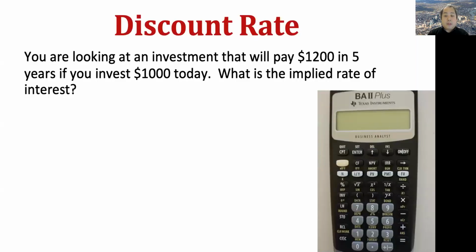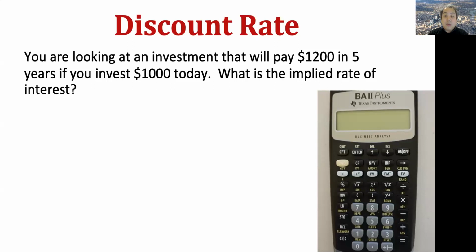So first one, you are looking at an investment that will pay $1,200 in 5 years if you invest $1,000 today. What is the implied interest rate? Now, when you use the calculator, you have to be very careful because now the direction of cash flow is much more important than in present value or future value calculation.